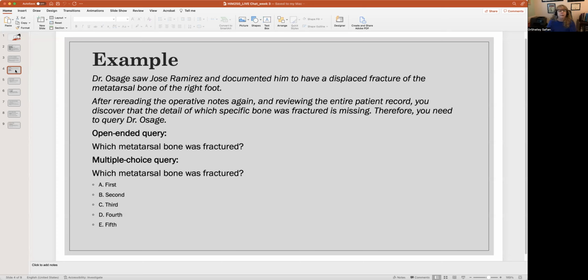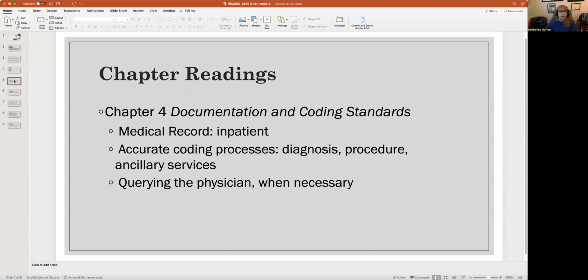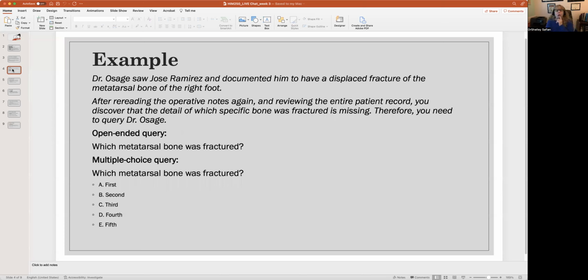Now, typically, whatever facility you go to work in, especially if it's a hospital, they will have a query process that already exists. But you have to make sure that when you are querying the physician, you clue them in as to who you're talking about. So you want to say, "Dr. Osage, re: this is about Jose Ramirez."